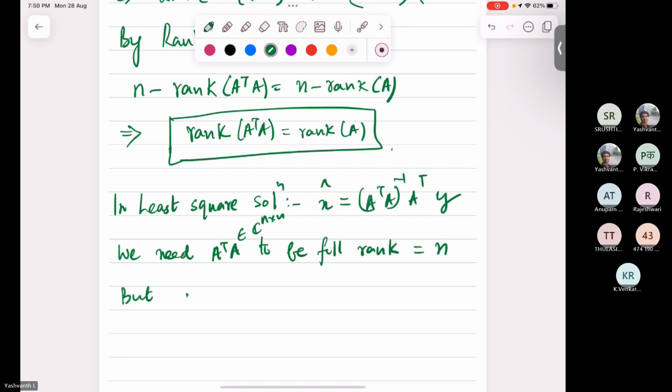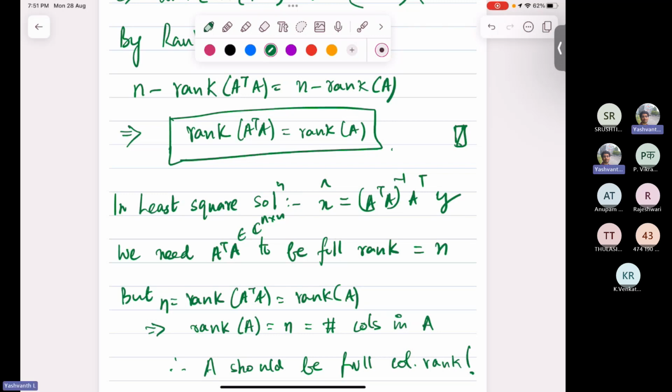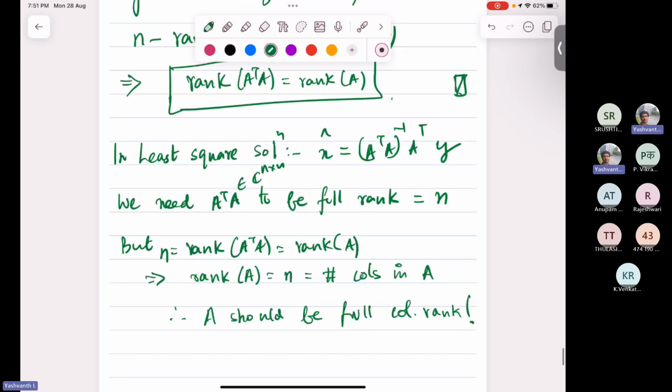But rank of A transpose A is equal to rank of A, which we proved above. So rank of A should be n. But what is n for A? The number of columns in A. Therefore, A should be full column rank. Is it clear? Can anyone confirm?